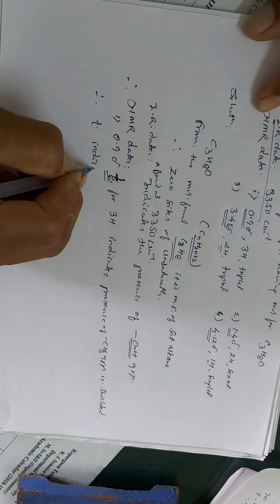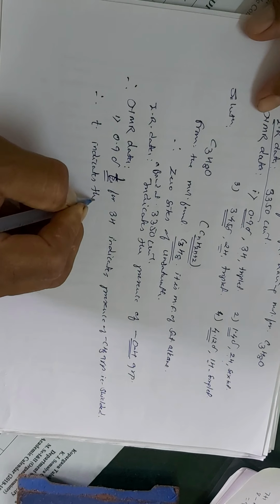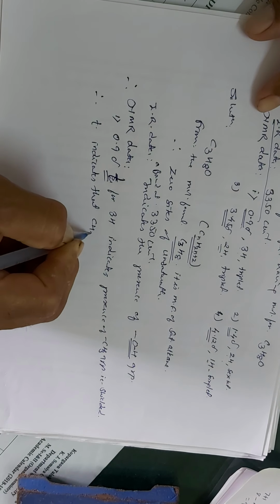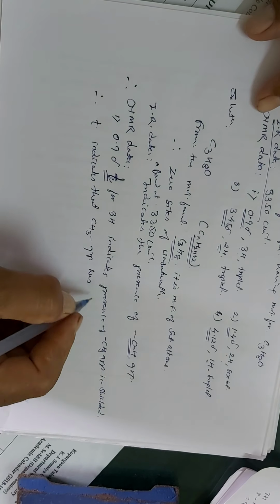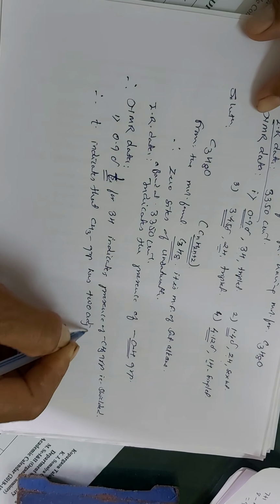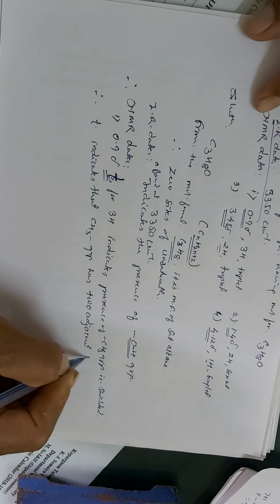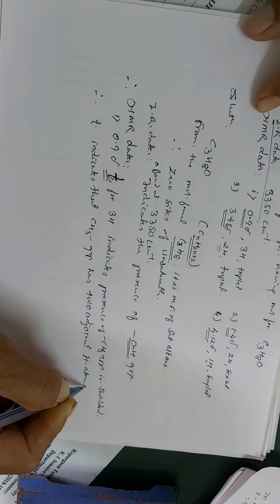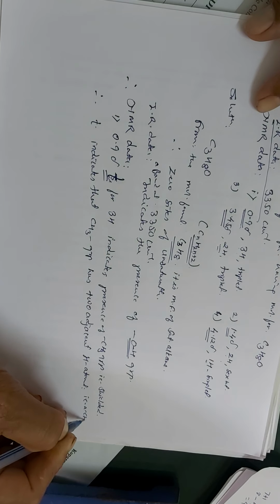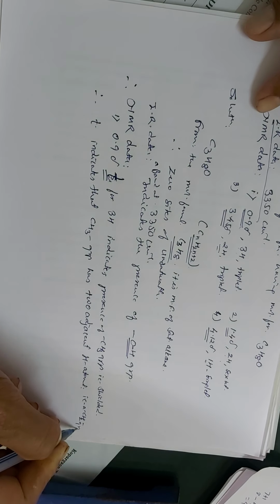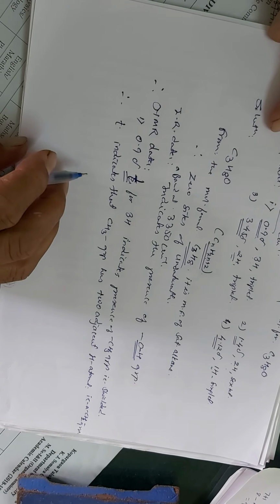and the triplet indicates that the CH3 group has two adjacent hydrogen atoms, that is a CH2 group.